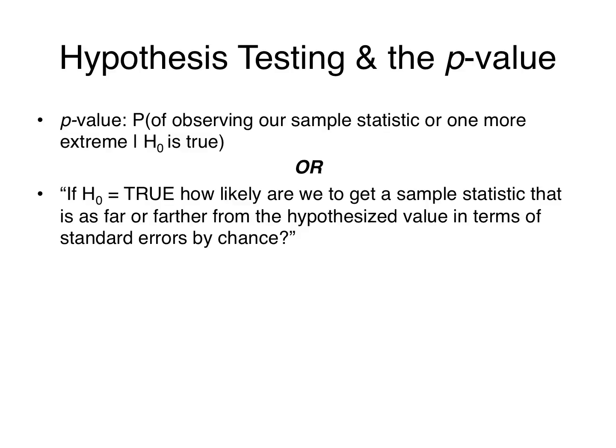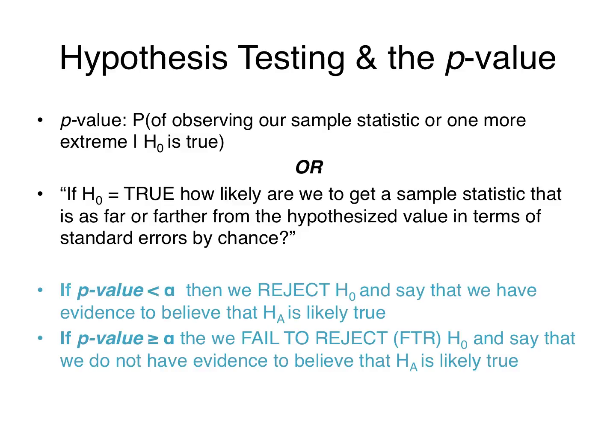Based on this p-value, we then decide whether this p-value is small enough to reject our null hypothesis. In order to do this, we must decide which significance level to use for our test. And we denote the significance level by using alpha. If our p-value for our test statistic is less than our alpha, then we reject the null hypothesis and have evidence to believe that the alternative hypothesis is likely true.